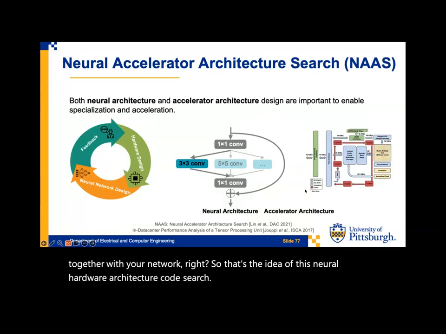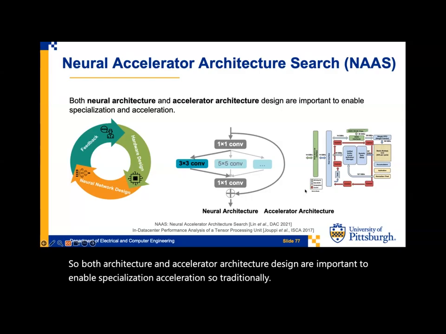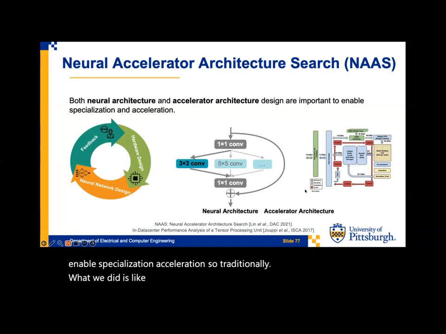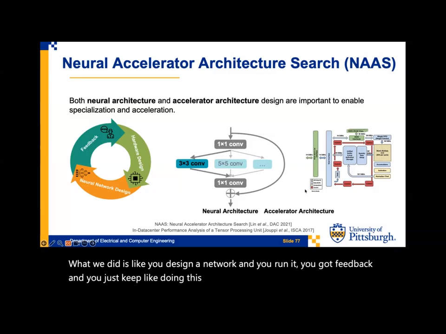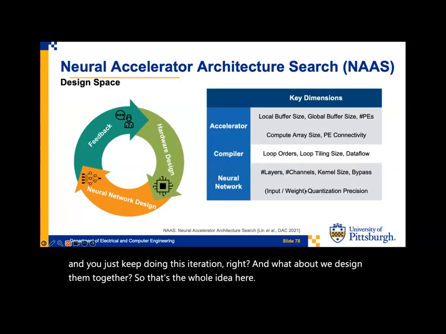Both architecture search and accelerator architecture design are important to enable specialization and acceleration. Traditionally, you design a network and run it, you get feedback, and you keep doing this iteration. What about we design them together? That's the whole idea here.